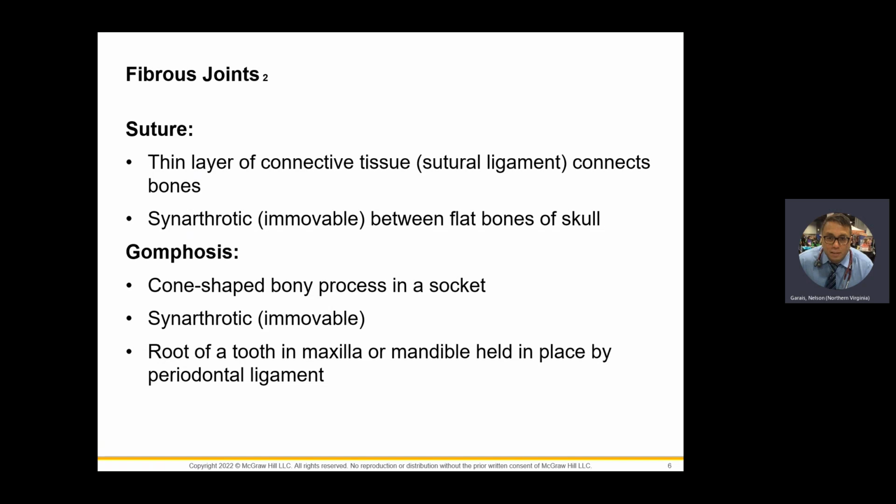But what happened? When your skull started to grow, the bones started growing together, and then they started fusing together. Even if I'm doing this, the only thing that's moving here is my scalp. Does my cranium move? No. So that's a suture. It's a fibrous joint. It should not move at all.